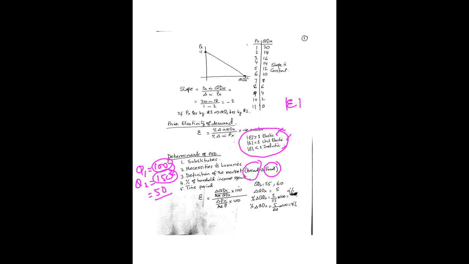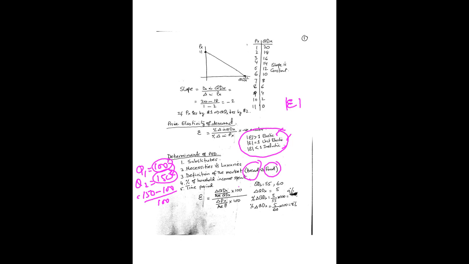Okay, let me erase this and write the complete thing. Right now I'm considering that we are moving from Q1 to Q2. So 150 minus 100 divided by, always write 100. Why 100? Because we are starting from 100. So the initial value is in the denominator and the numerator is the difference between the two, the new one minus the old.